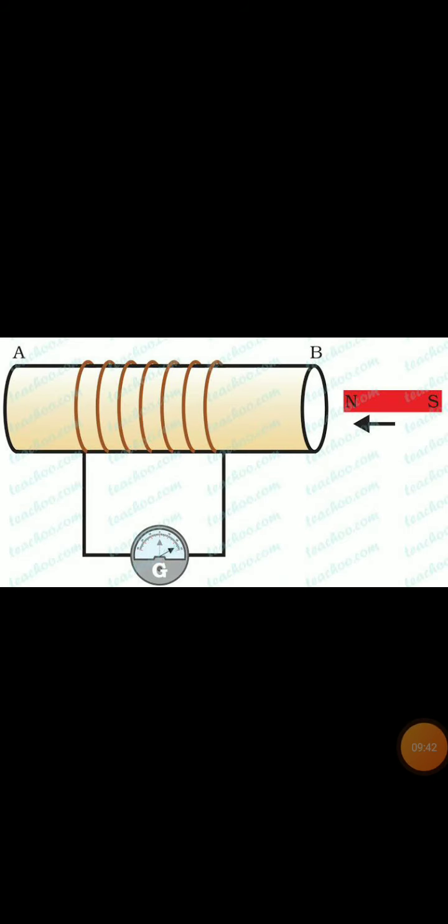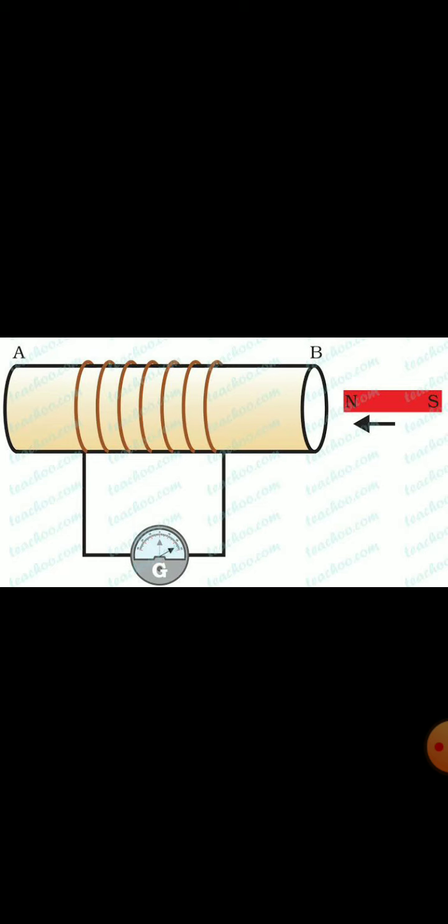If we place the magnet stationary at a point near to the coil, keeping its north pole towards the end of coil B, what do we see? We will see that the galvanometer needle deflects towards the right when the coil is moved towards the north pole of the magnet.